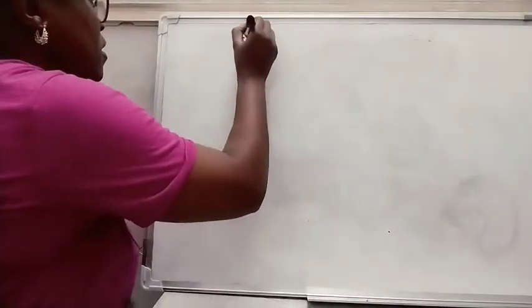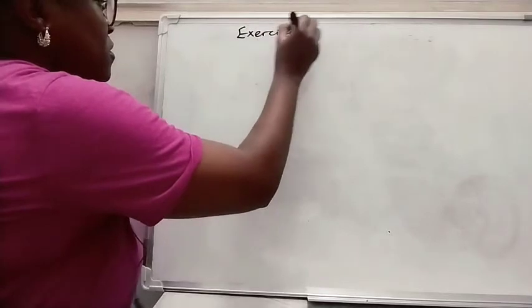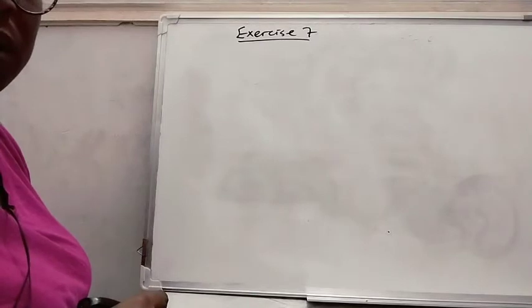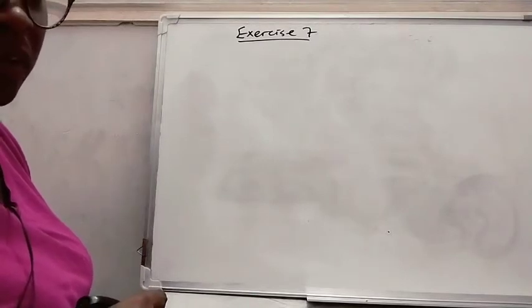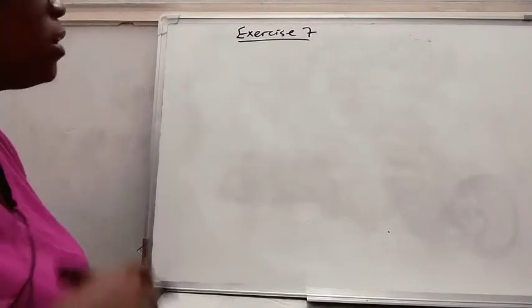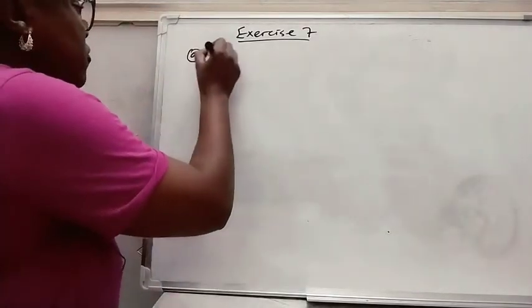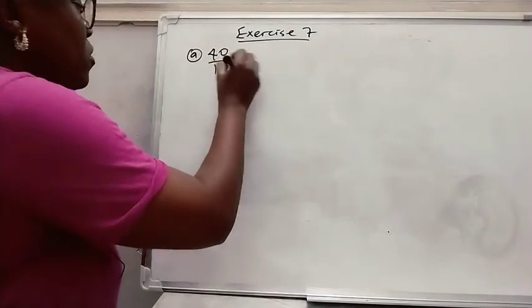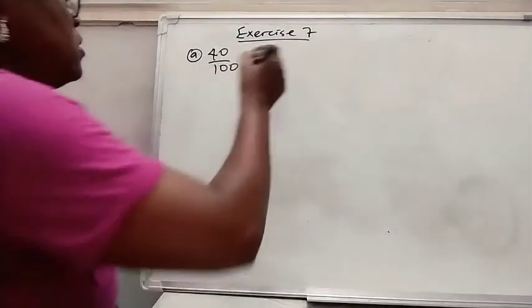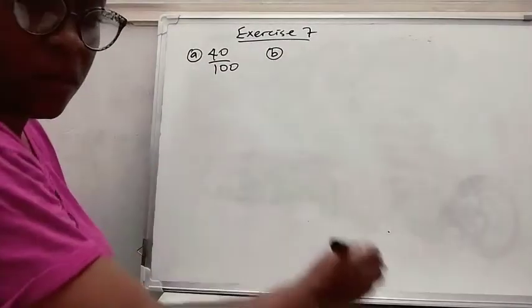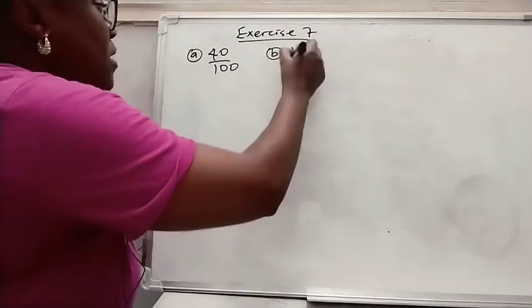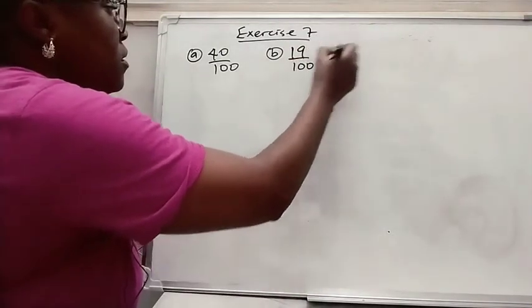Exercise 7. We are going to convert the following fractions to percentages, okay? So the first is 40 over 100. The second is 19 over 100.